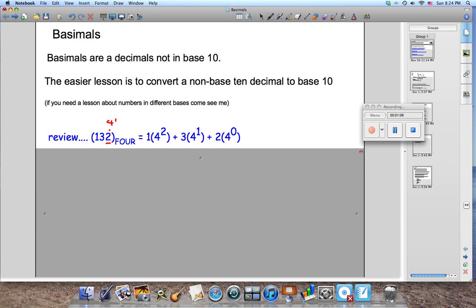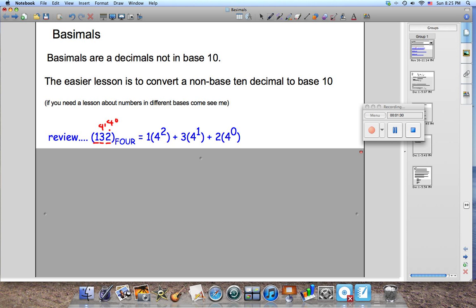That's the value of that position. In decimal, it's 10 to the 0 power. In base 4, the next position to the left is the 4 to the first power position. In base 10, it's 10 to the first. It's the tens position. Here, it's the fours position.